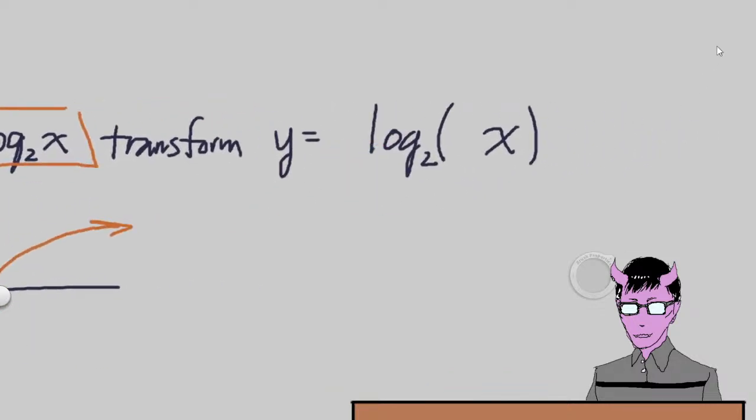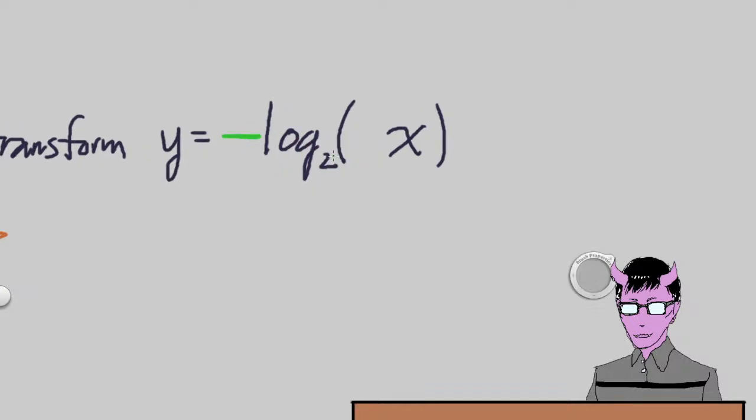Okay, so let's talk about the transformations. What if we have a negative value right there? This goes back to your reflection rules for quadratics, which will come in handy. But if you haven't had much experience graphing parabolas, that's okay.